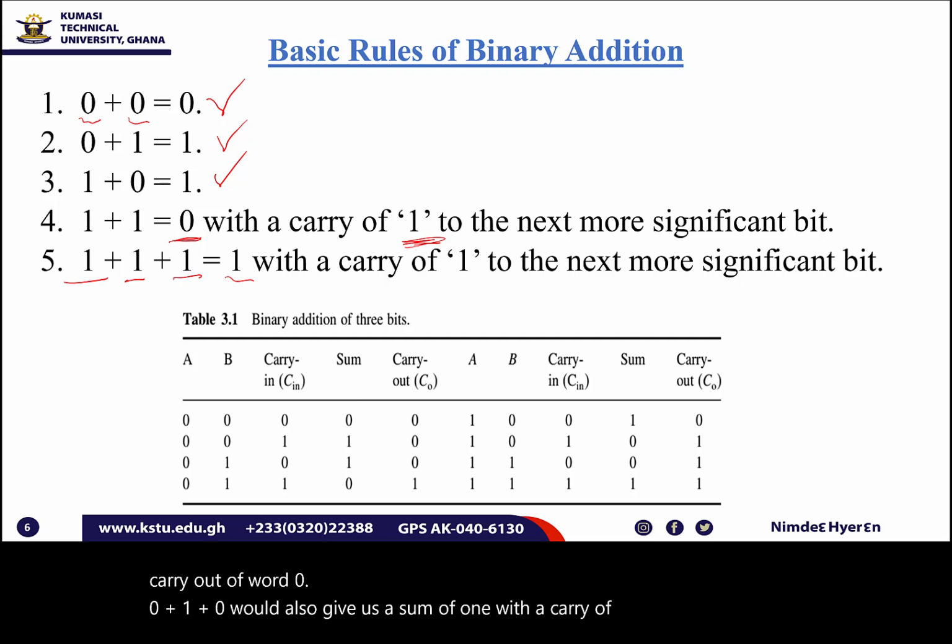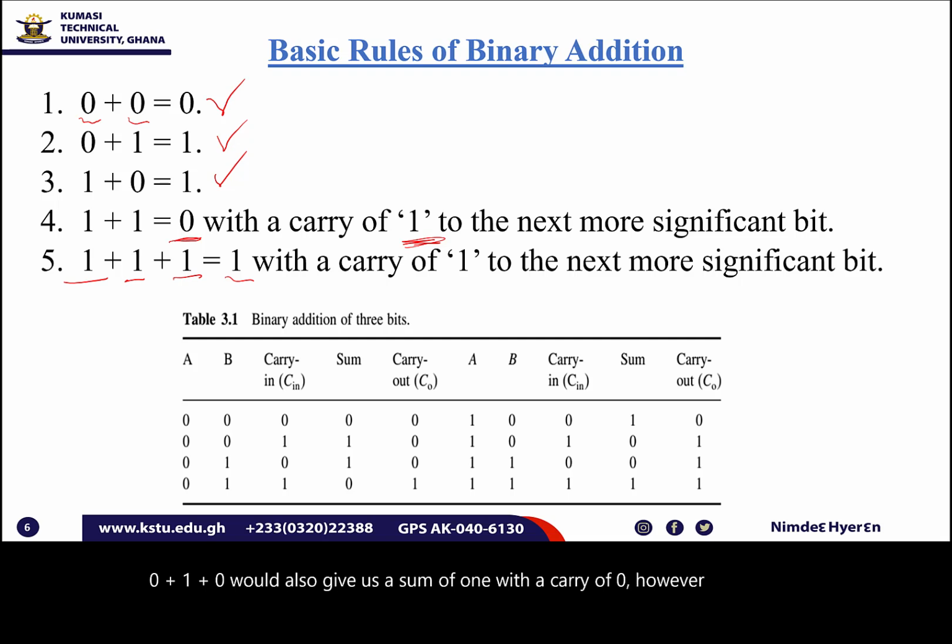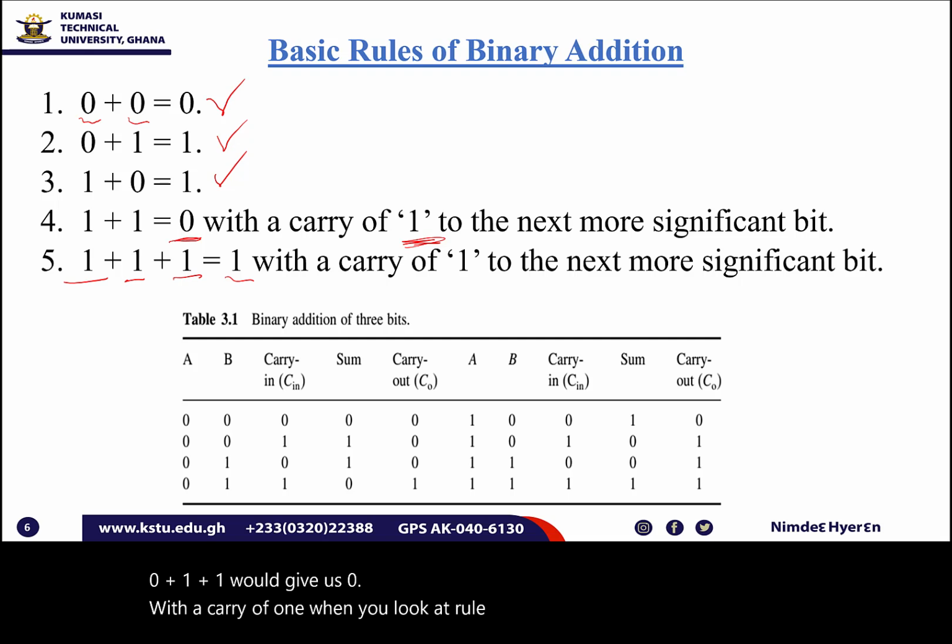However, 0 plus 1 plus 1 would give us 0 with a carry of 1. Okay, it goes on like that because we are looking at 3 bits, so you would have the combinations for 3 bits. All right, so let's move on.